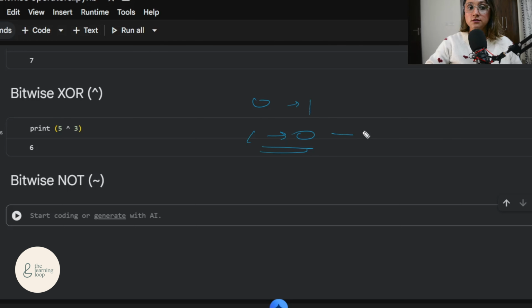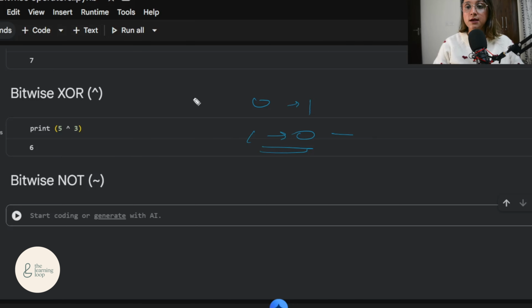That's all it does. So that's why when I flip the digits, we consider that there are infinite zeros in front of any number that we are presenting. And when we do the bitwise NOT, it flips all leftmost zeros to 1, and that's why if you are presenting a positive number, you will get an answer as a negative number.